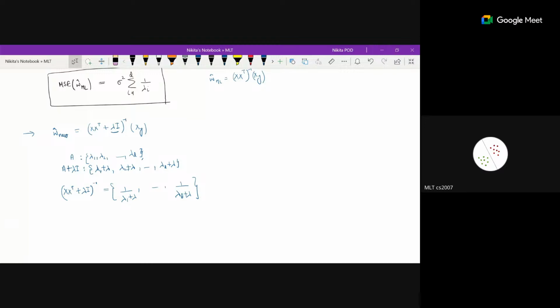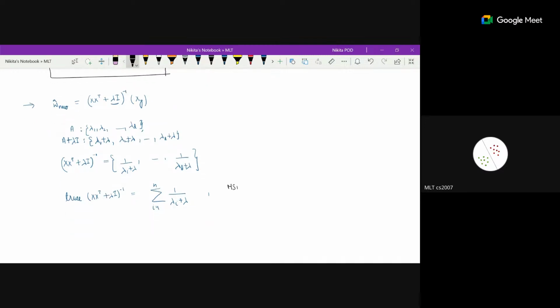Now if we find the trace of XX transpose plus lambda I inverse, it would be the sum over 1 upon lambda i plus lambda, where i is varying from 1 to d. So the mean square error that you will get for this new estimator is sigma square times the sum of 1 upon lambda i plus lambda.